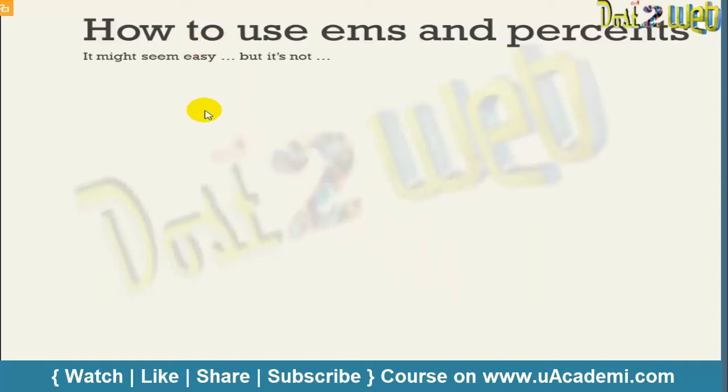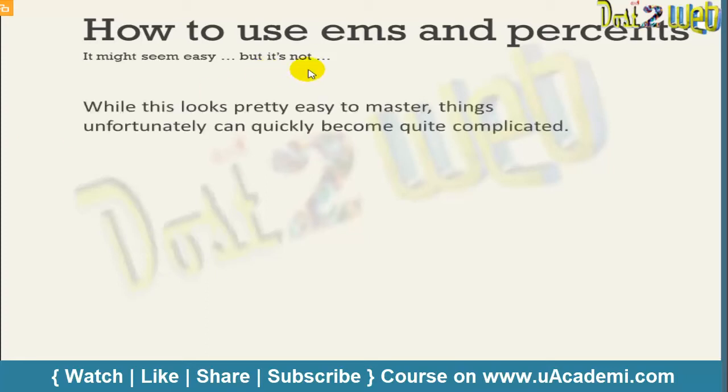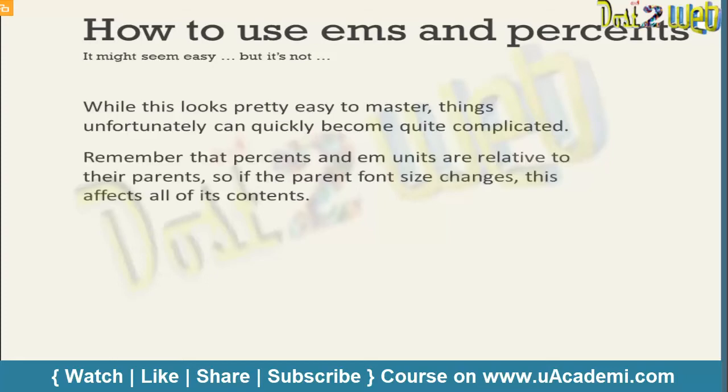Then further, how to use more EMs and percentages? It might be easy, but it might not be, because you have to calculate, right? While this looks pretty easy to master, things can unfortunately quickly become quite complicated, because something that is easy for someone might be complicated for someone else, as you have to calculate the pixel to percentage accordingly, or calculate in EMs.